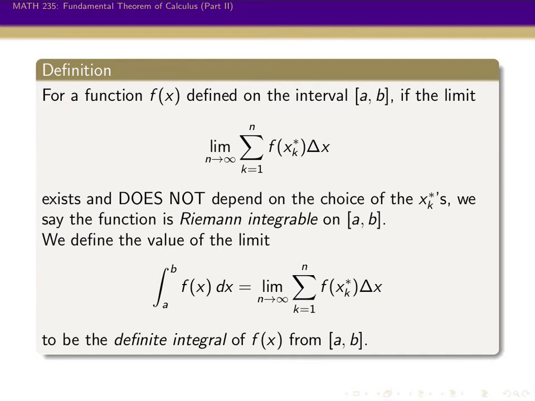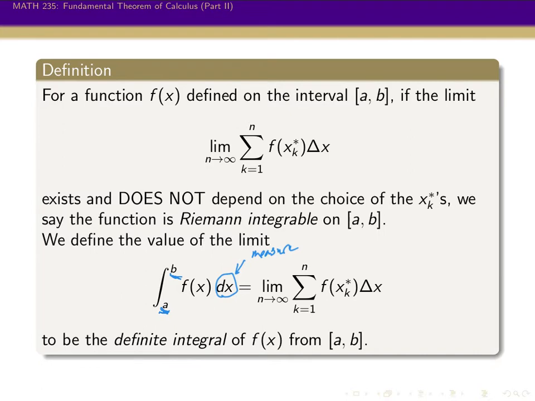And we use this notation for the definite integral, where we're taking the integral from a to b of our function f of x, and this dx is called our measure. This is what we get from taking the limit of these Riemann sums, right?